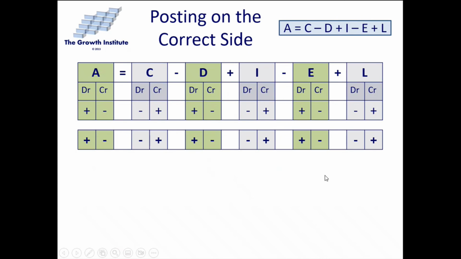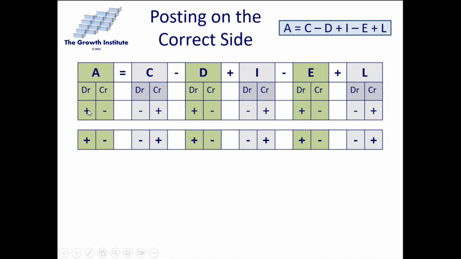So in case the rules in themselves do not help you and you still want to know how you can be sure that you post on the correct side, you can just write out the expanded accounting equation like that, and then say to yourself, well, I know that each one of these will have a debit and a credit side.